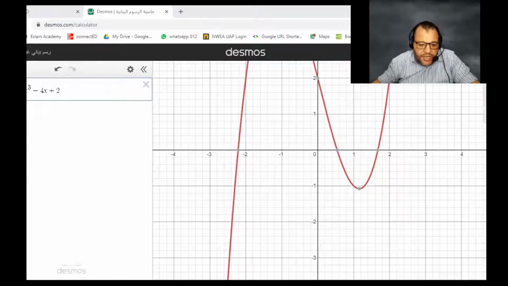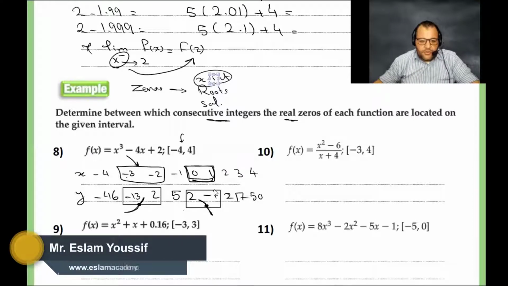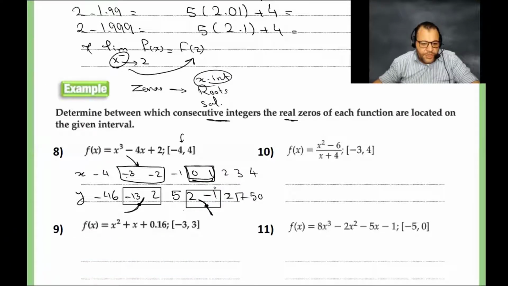Okay, we have negative 1 here, and then we have positive.